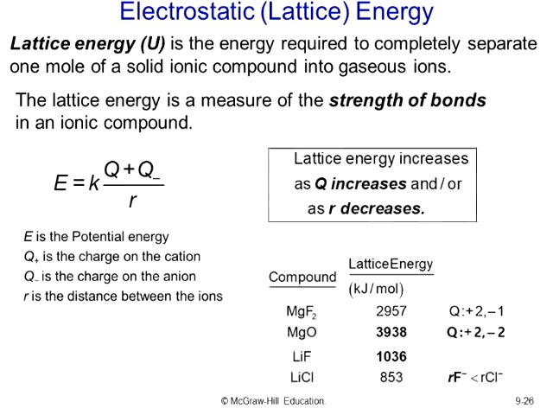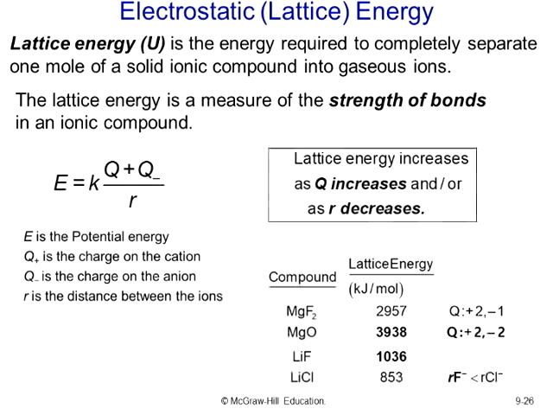And we show you some examples here where we have magnesium fluoride, and we note that magnesium has a +2, fluoride -1. Size of that charge is +2. Note that in magnesium oxide, we have 2 minus charges, and note that the lattice energy is higher.